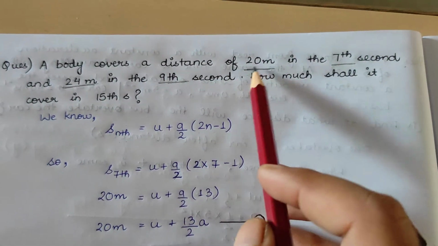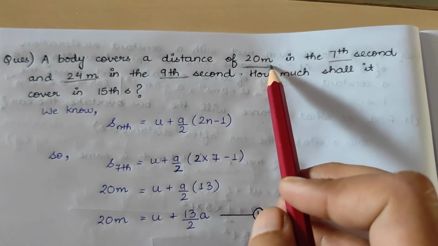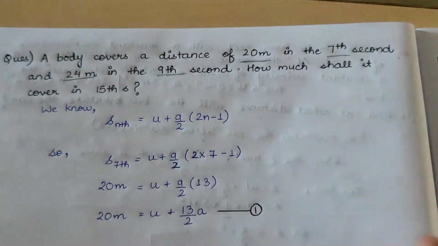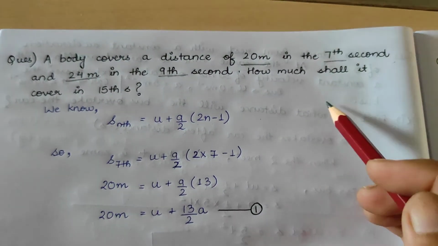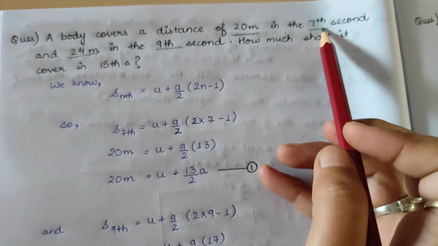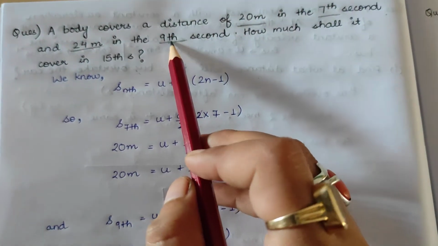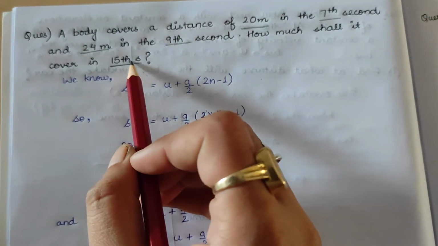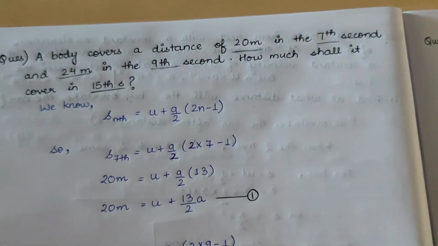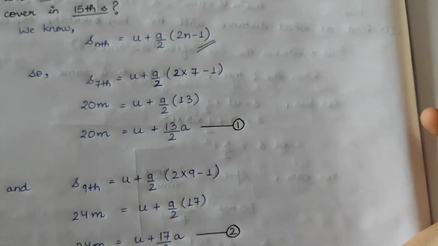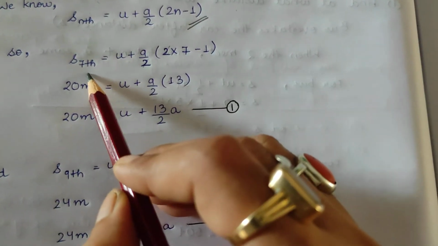Now how much shall it cover in 15th second? We are given the 7th second and 9th second, and we have to find the distance covered in the 15th second. So using this formula for s nth, we'll find out s 7th.